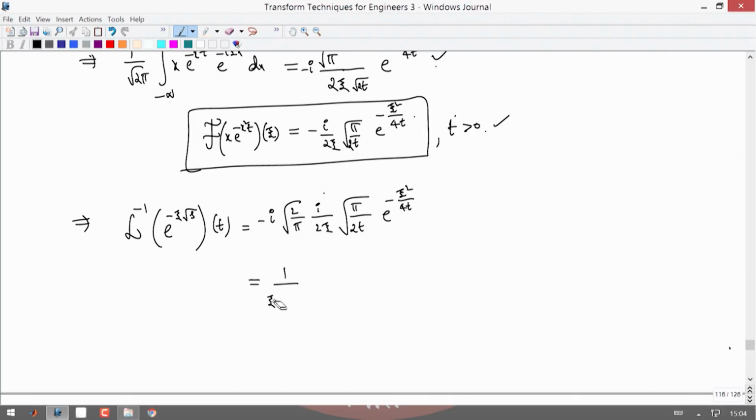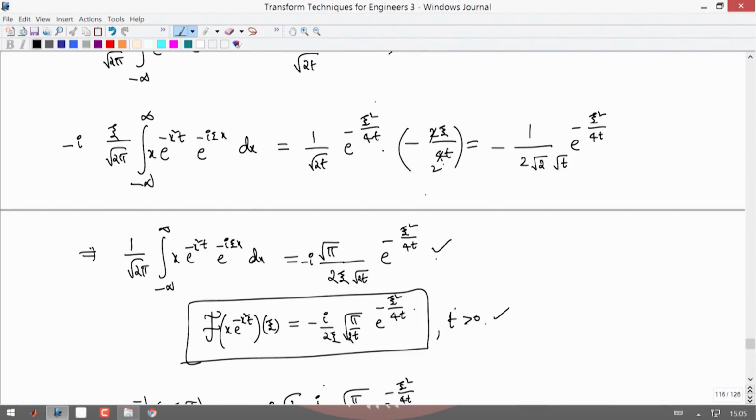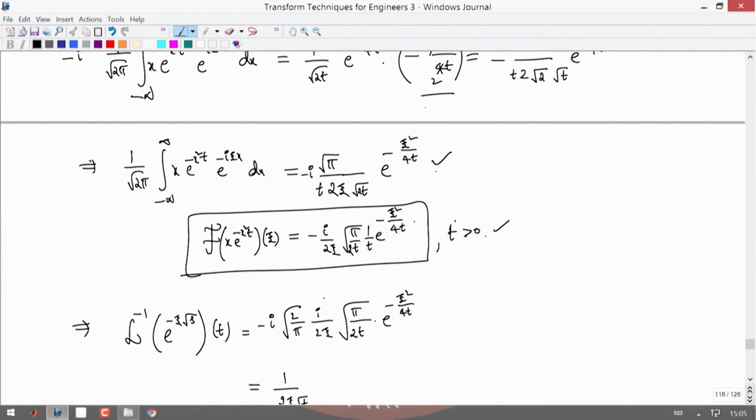So, you get 2 xi root t, and you end up getting xi by t. So, you have 2 t. I missed t outside, so 2 t comes out. There is a t here, so that comes out. You have 1 by t, and that is exactly your Fourier transform.